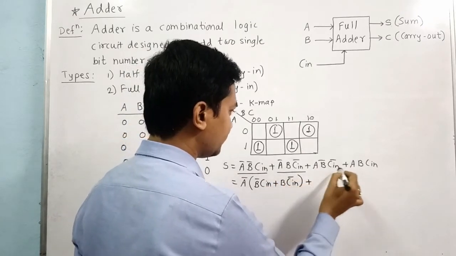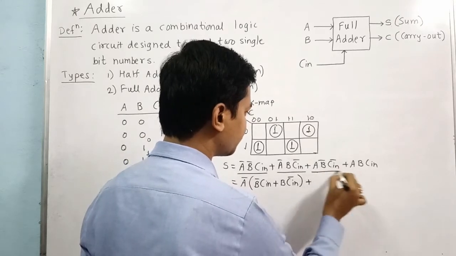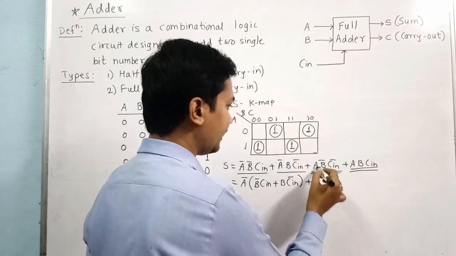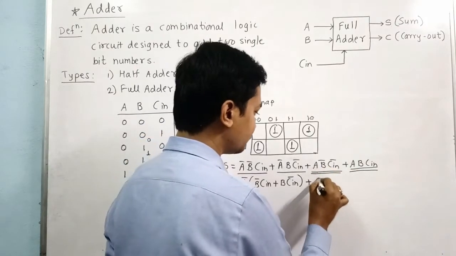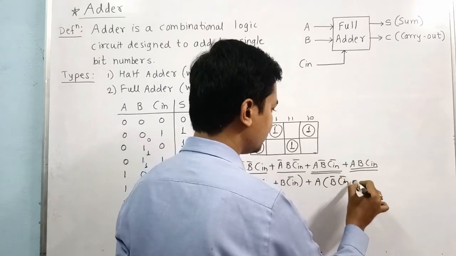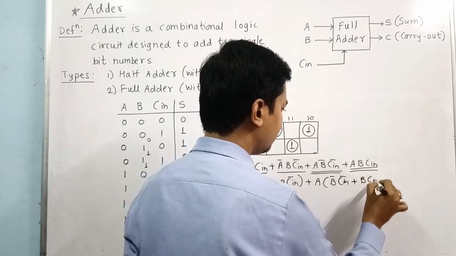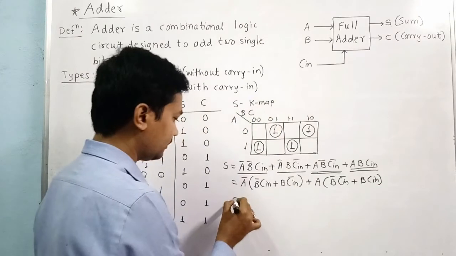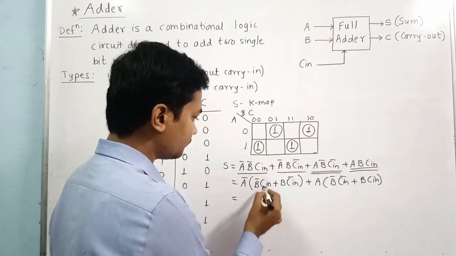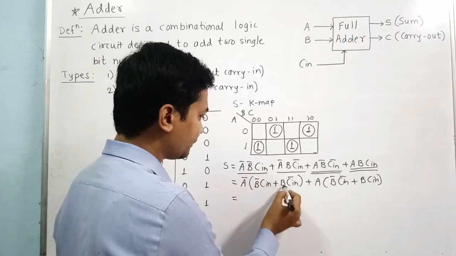And from the third and fourth terms, we can get a as a common term: a, b bar c in bar plus b c in. Now further this expression can be reduced, so b bar c in plus b c in bar.